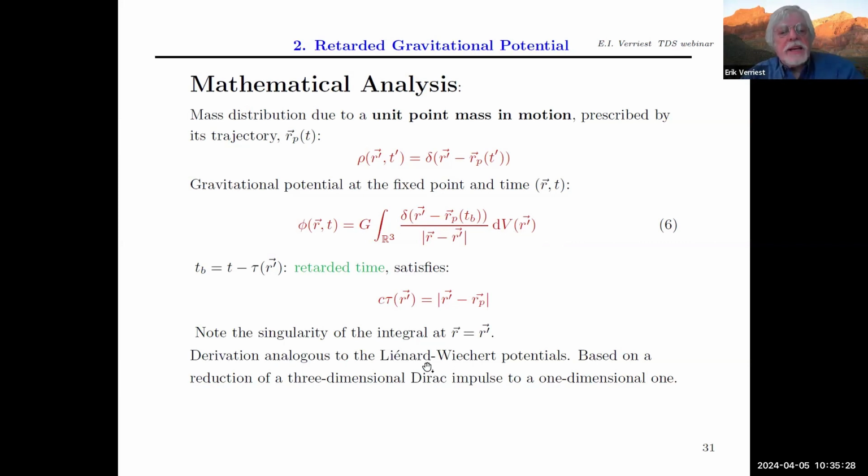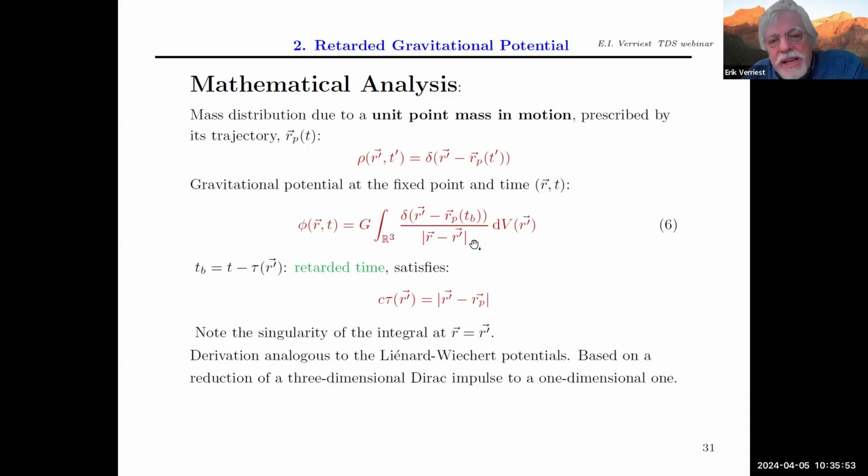Okay. Now I take a derivation analogous to the Liénard-Wiechert potentials for electromagnetism. And in an earlier approach, in 15, I actually did that by directly evaluating this integral. But the Liénard-Wiechert approach is somewhat simpler, though you have to do some activation energy first.